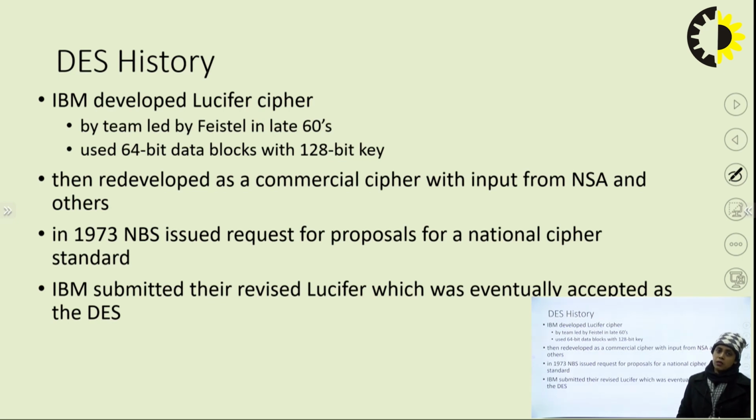Afterwards, the key size was reduced from 128 to 56 bits. Then it was redeveloped as a commercial cipher with input from NSA and others. In 1973, the NBS issued the request for proposal for the National Cipher Standard, and IBM submitted the revised form of it, and eventually it was accepted as DES, that is, Data Encryption Standard.